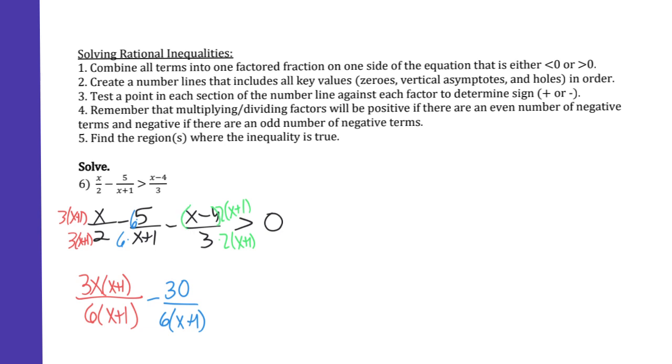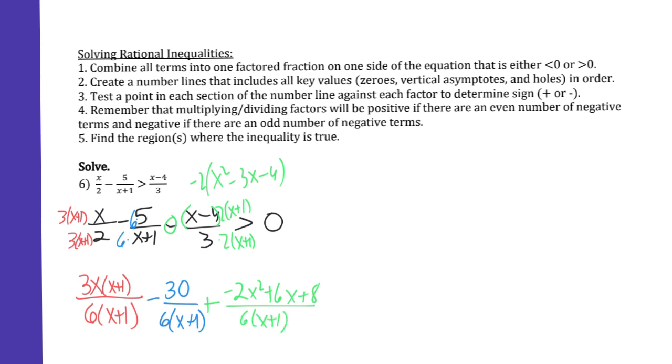If you FOIL out those 2 parentheses, you get x squared minus 3x and then minus 4. Then we have to distribute not just a 2, but a negative sign here, so a negative 2. So I'm going to change this to a plus sign, and I'm going to take negative 2x squared plus 3x, and then plus 8 over 6 and x plus 1.